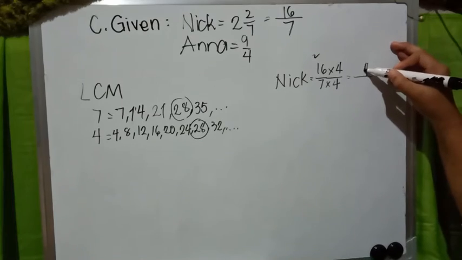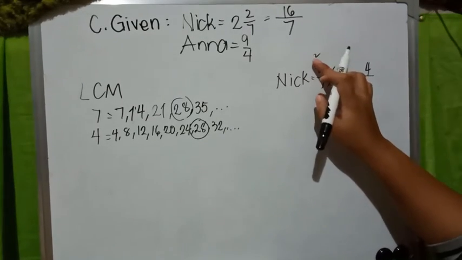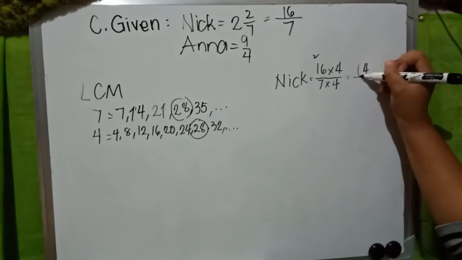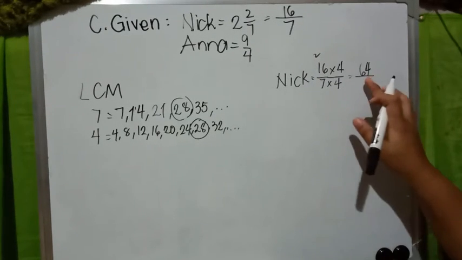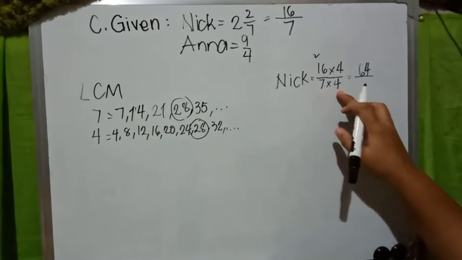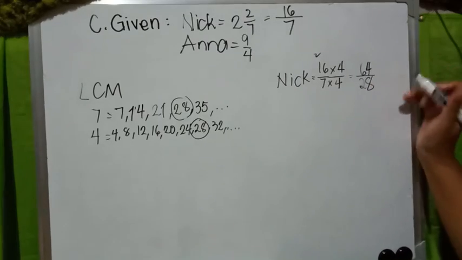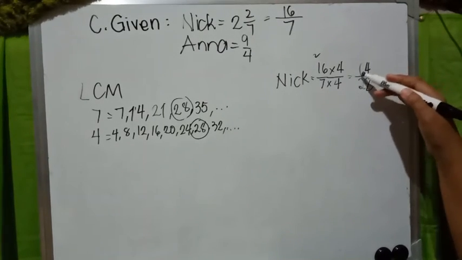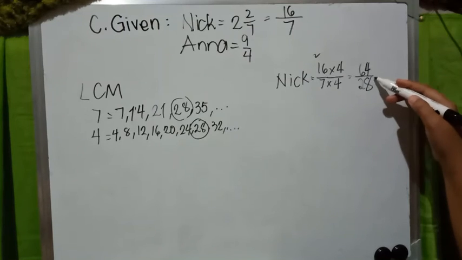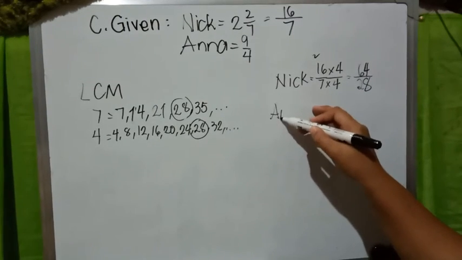Carry 2. Okay. 4 times 1, it's 4, plus 2, it's 6. So we got 64. While 7 times 4, that is 28. So we have 64/28 minutes.